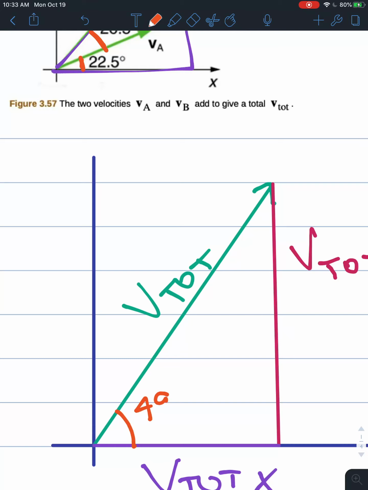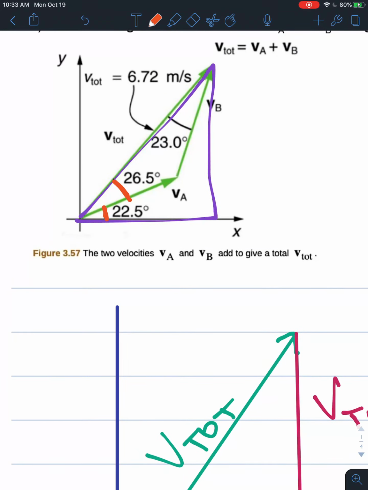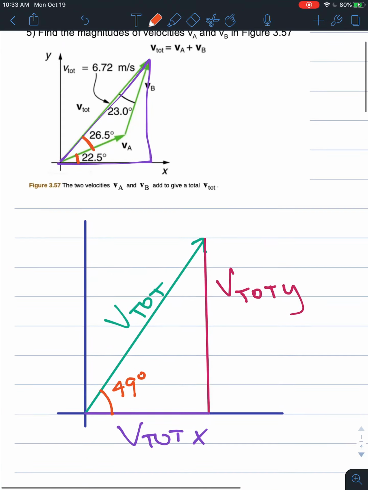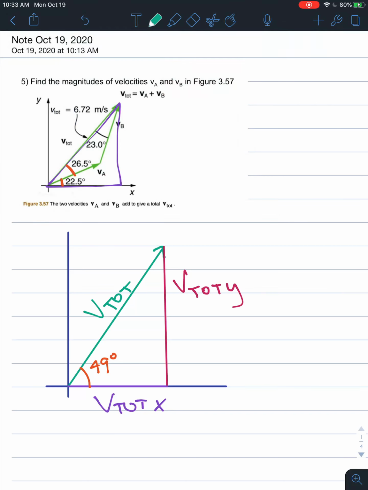When we add those together, we get 49 degrees. So that's going to be the angle we're working with in our problem. I also know, because I don't have it written out, that VTOT is equal to 6.72 meters per second.